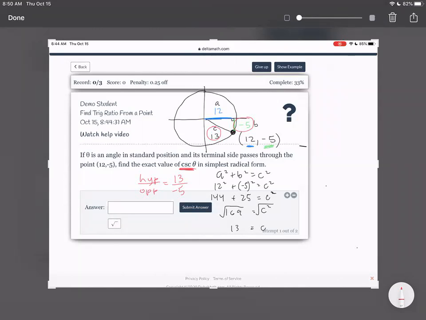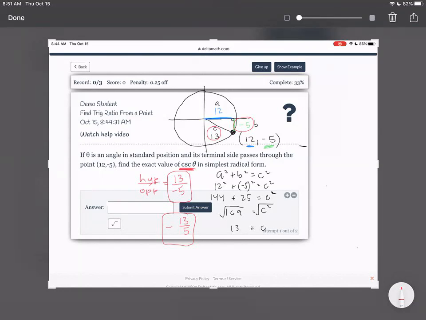Now I believe if you type 13 over -5 onto Delta Math, it would be fine, but you could technically do -13 over 5, a negative fraction like this. I'm not sure exactly if Delta Math will take this one, but I'm gonna try it so then you'll know. These two are literally the same answer, just written slightly differently. So I will be your guinea pig. I'm gonna type 13 over -5 to see if this will work on Delta Math.